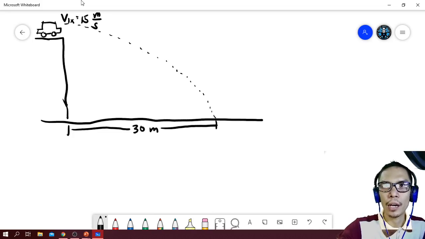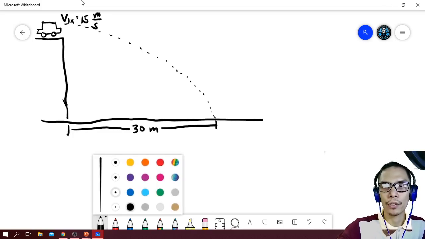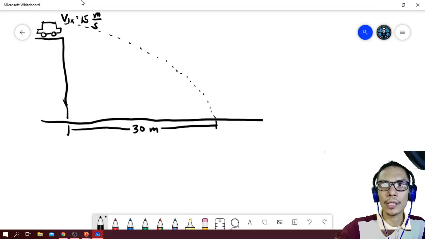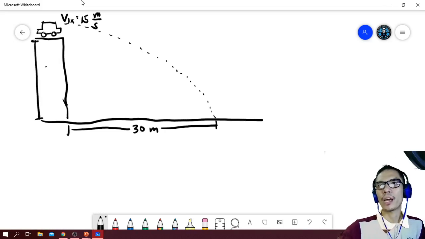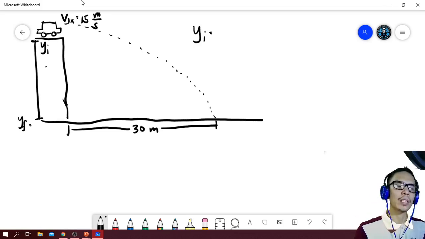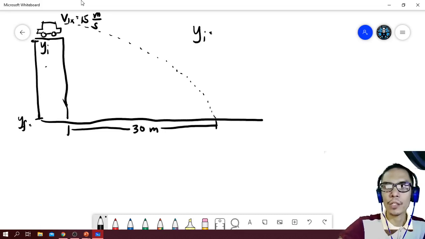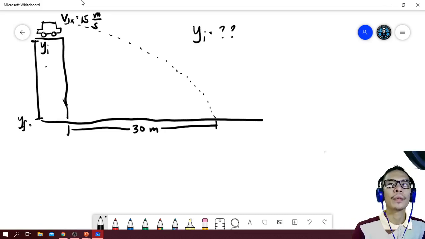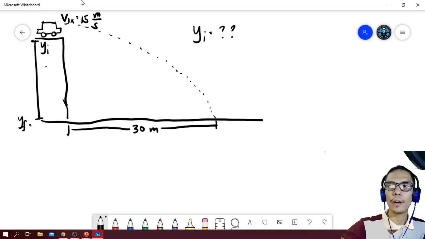Now, how high is the cliff he jumped from? We have YF and we have YI over here. Technically, we are looking for YI: what is the initial height of the place where he jumped from? So this is our question.